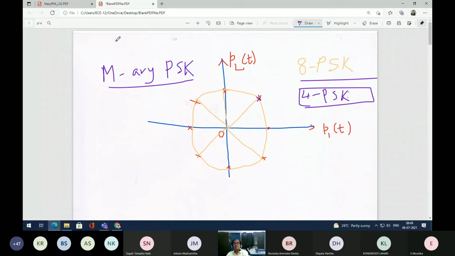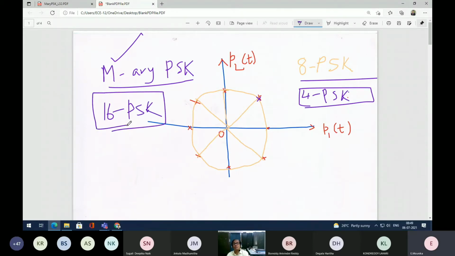Please note that if I am increasing the M, what exactly am I doing? Can somebody tell me? If instead of 8 I take 16 PSK, what does it mean? How many signaling points am I going to have? The spacing between two successive signaling points will be smaller.